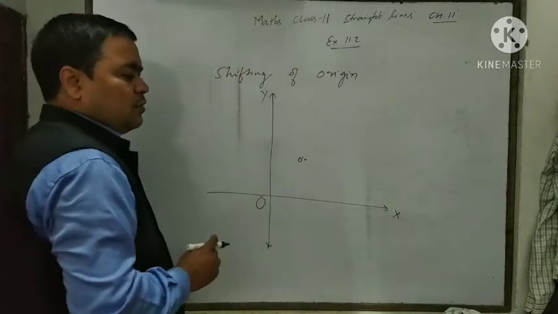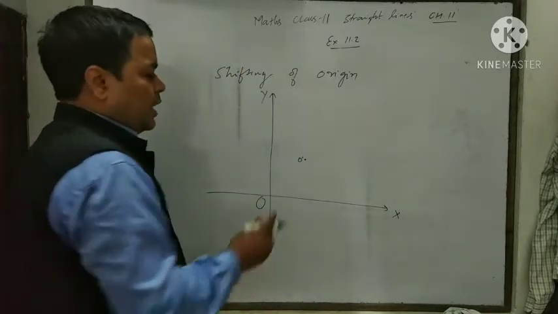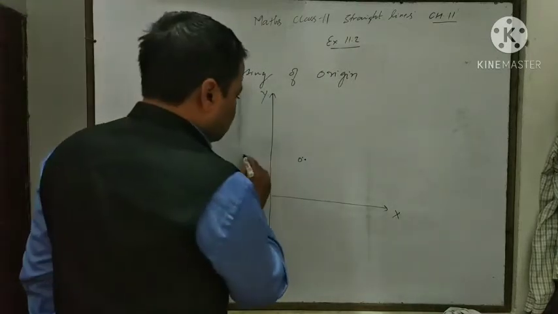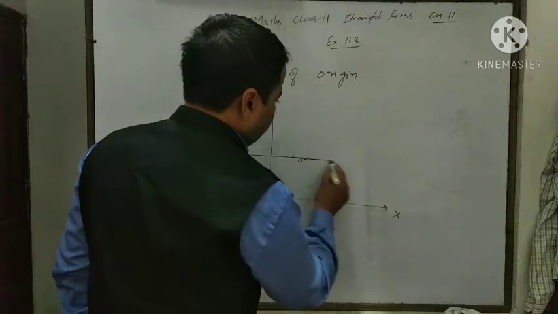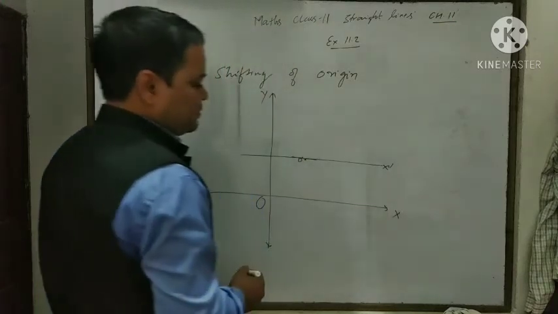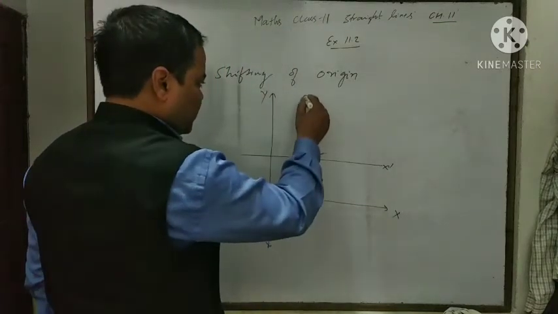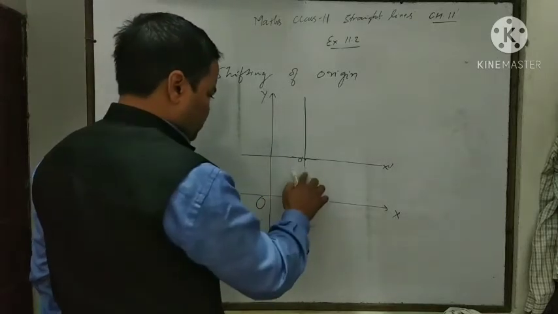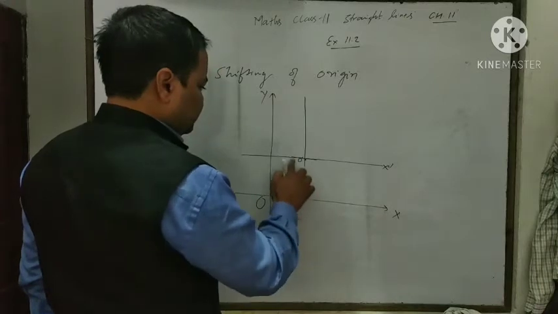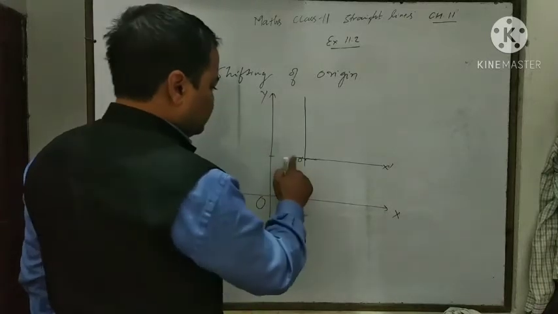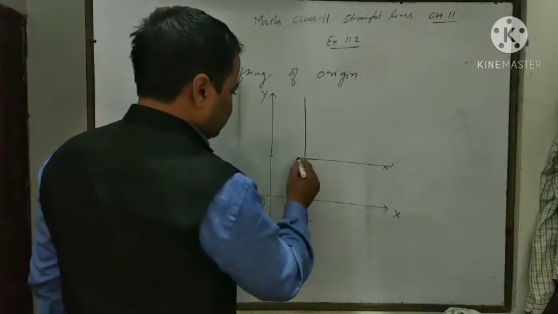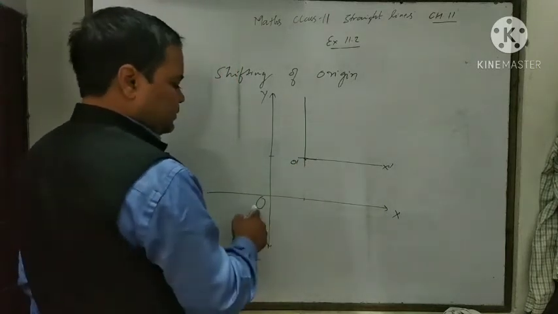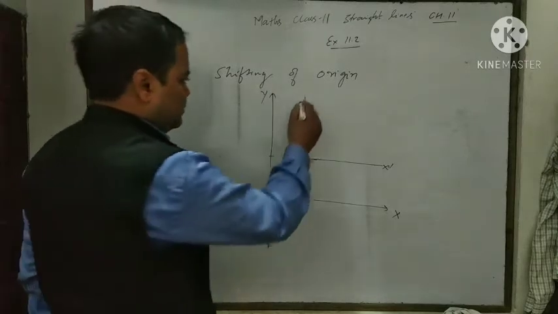Therefore, we have to draw another horizontal line parallel to the x-axis. This is the new x-axis, that is X dash, and a new y-axis parallel to the original y-axis. Here is the new origin and the original origin.